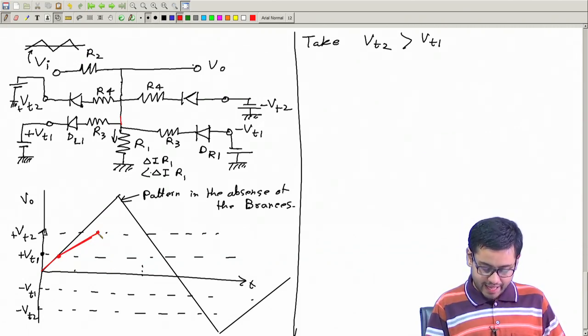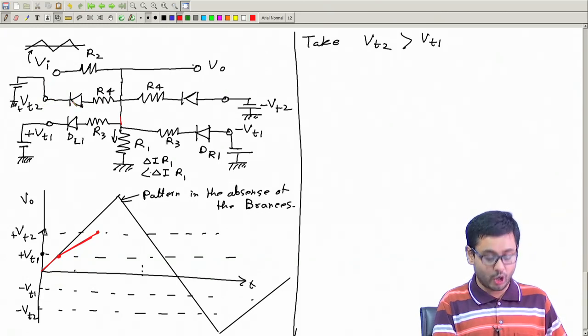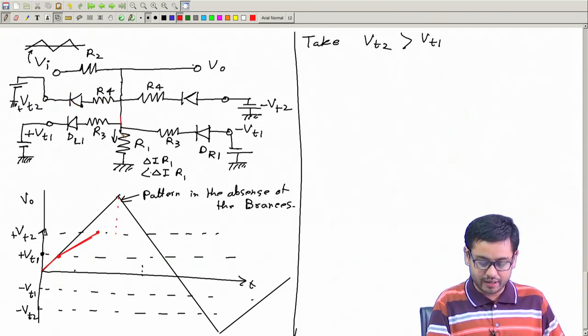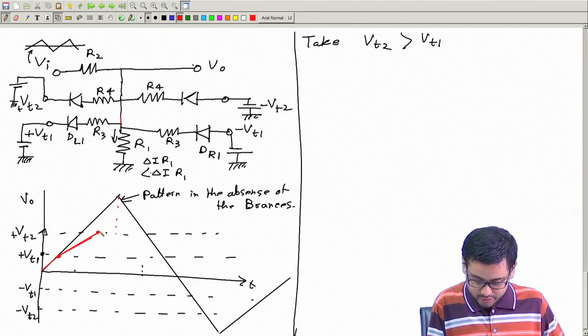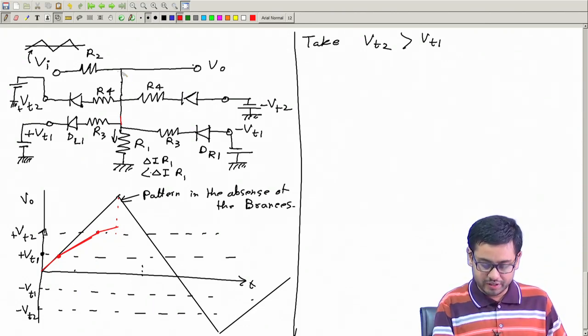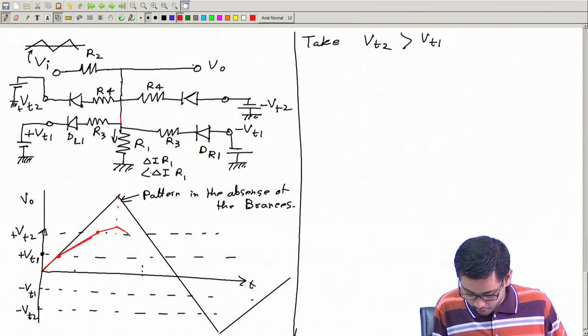And at this moment, this potential will be even higher than this. So this diode will also be on. Therefore, these two are in parallel with this. So the effective resistance here is much lower, and then this will go up even more slowly. Now when the input comes down, we will have a similar opposite pattern.